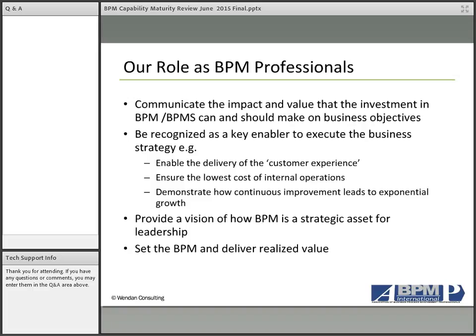How do you support the strategic execution of change within the company? And when you can start to do that, you then can really look at BPM and the BPMS group in a very different way.